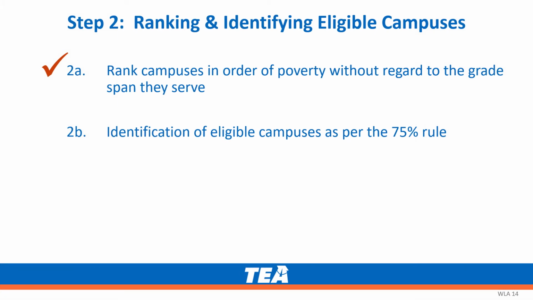After an LEA has ranked all of its schools by percentage of poverty, the ESSA statute requires the LEA to first allocate, in rank order of poverty, Title I funds to the schools above 75% poverty, including any middle schools or high schools. Thus, before an LEA can decide how to determine eligibility for any school with a poverty percentage that does not exceed 75%, it must allocate Title I funds to all its schools above 75%.